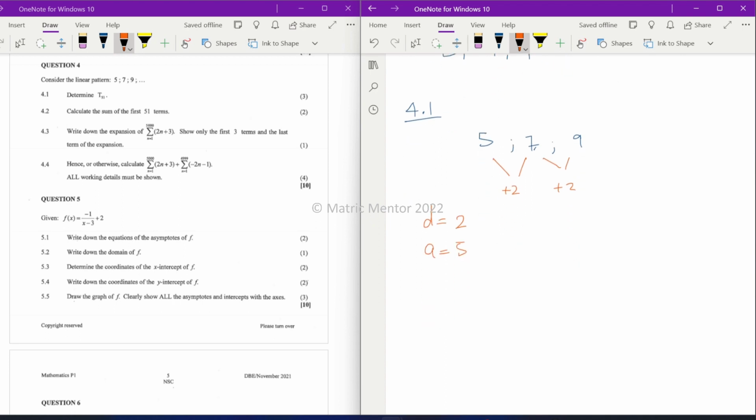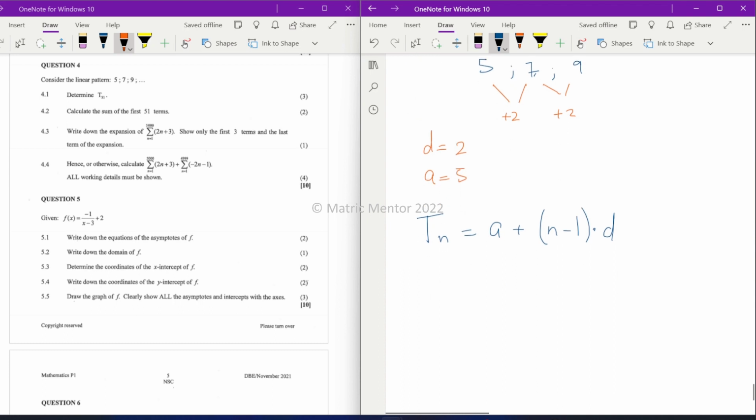And for an arithmetic or linear pattern, your general formula is Tn equals A plus n minus 1 times D. Therefore, Tn equals 5 plus n minus 1 times 2.